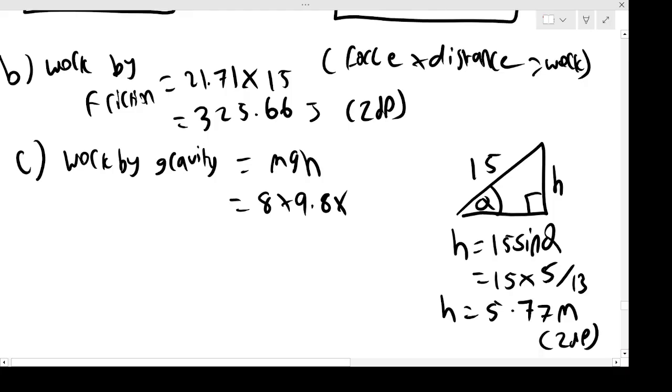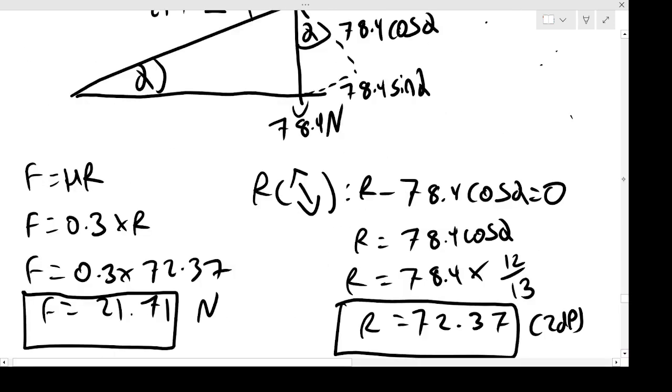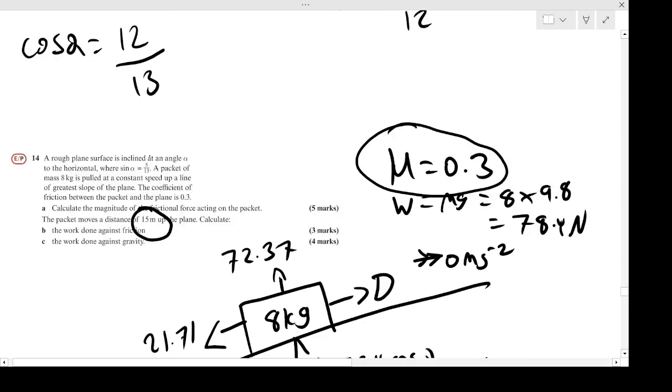So that's how high up vertically you travelled. Therefore the work by gravity, if I do 8 times 9.8 times my answer, is 452.31 joules. And that is the work done by gravity. And so there we are. That's looking at work done.